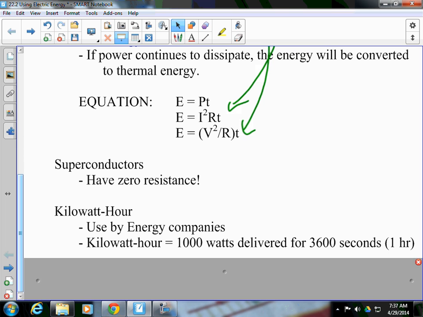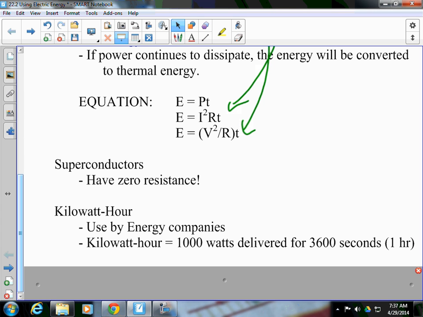A kilowatt hour is 1,000 watts delivered for 3,600 seconds, which is 1 hour. So when you solve for energy, a lot of times the unit is a kilowatt hour. So when you have P, you want to make sure your P is in kilowatts and your time is in hours.